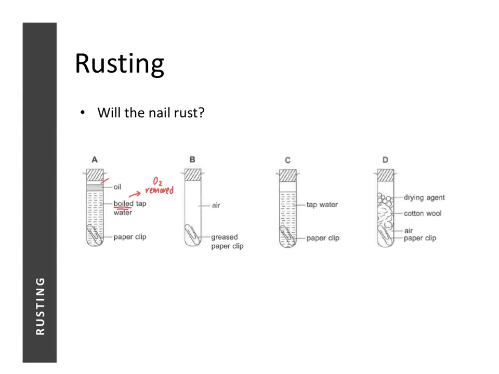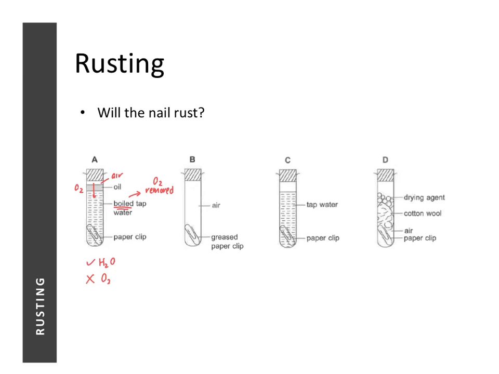It is this: that there's still air in the test tube, so it prevents oxygen from redissolving into your boiled water. Alright, so essentially, if we look at the conditions needed for rusting, in A, we have water, but we have no oxygen, so rusting will not occur.